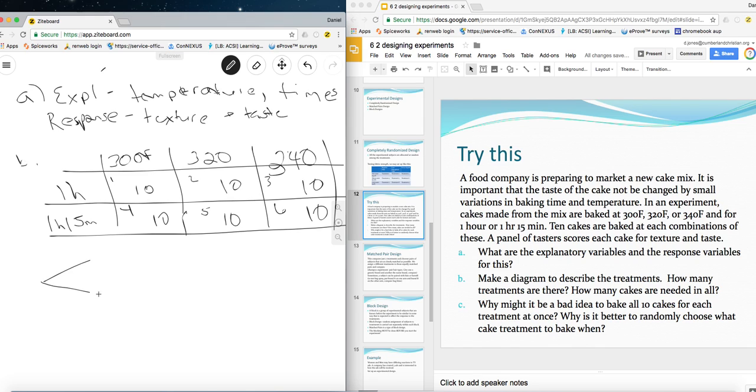If you did it the other way, you would start off like this, and we would have to say random. And notice that I didn't put volunteers here because the cake's not going to volunteer. That just doesn't even make sense. So here, this could be 1 hour, and this could be 1 hour and 15 minutes. And then at 1 hour, we would have to have 3.